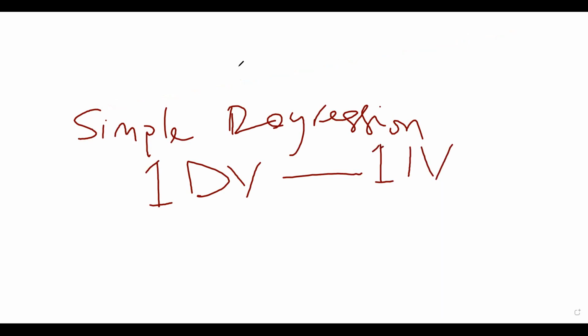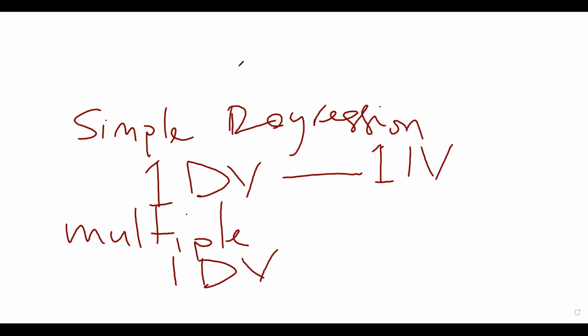A multiple regression is where you have one dependent variable and then more than one independent variable. That sign is greater than one independent variable, so it can be two or more. That is multiple regression.